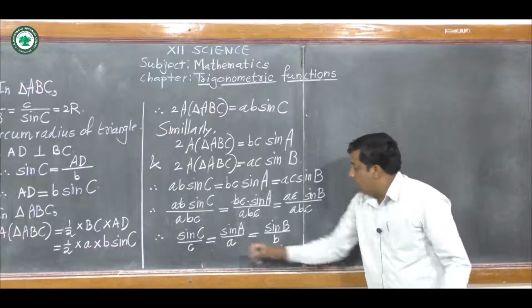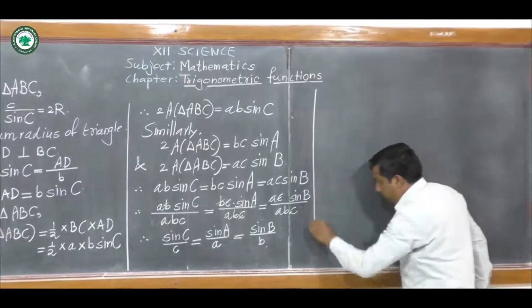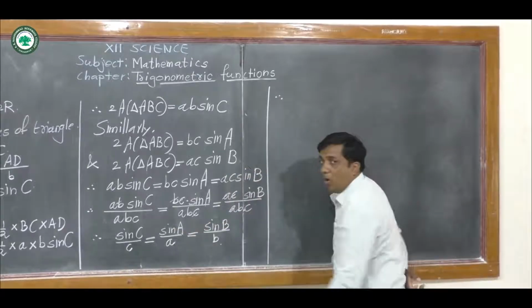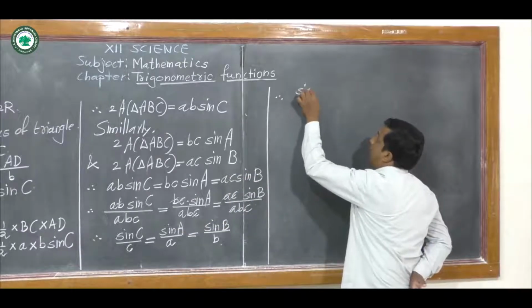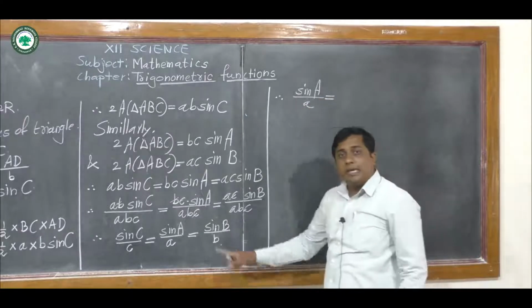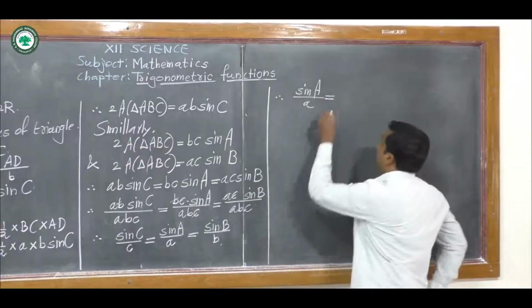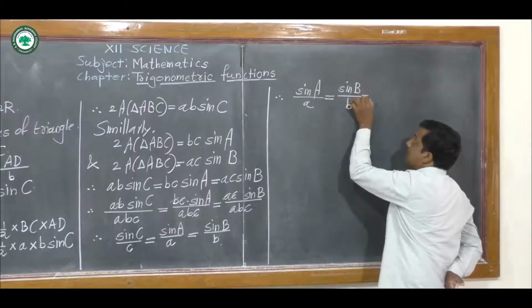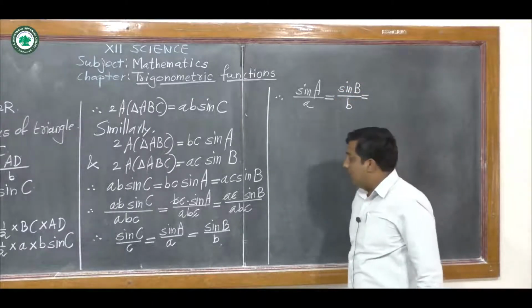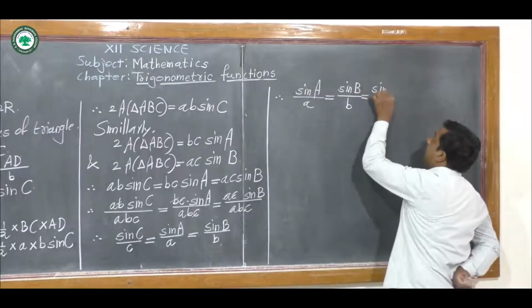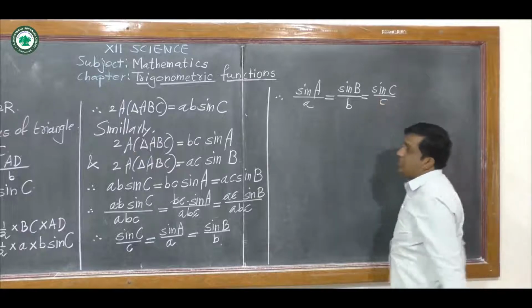Okay, now we rearrange this. We consider sine A upon A first. Therefore, sine A upon A is equal to sine B upon B, is equal to, in the last, sine C upon C. So we get this relation.